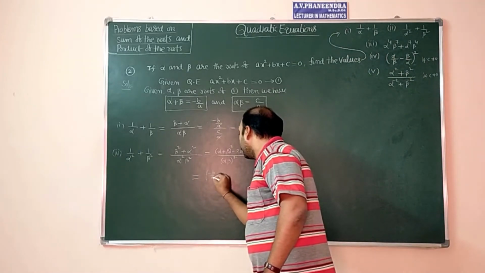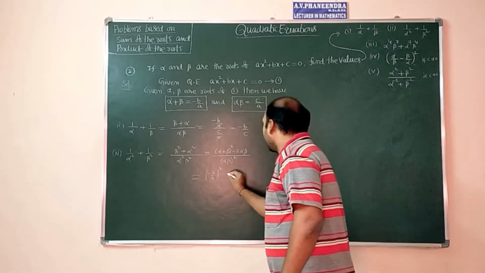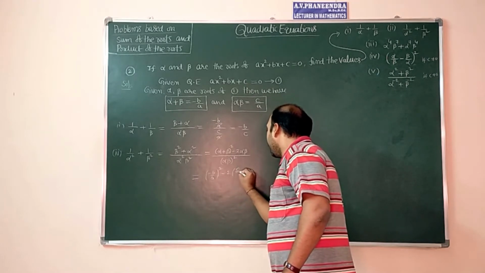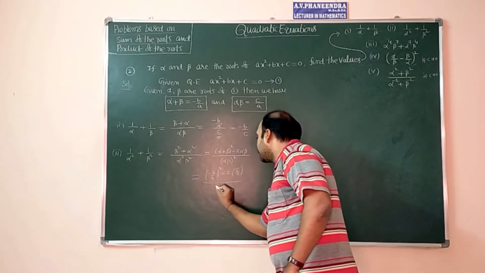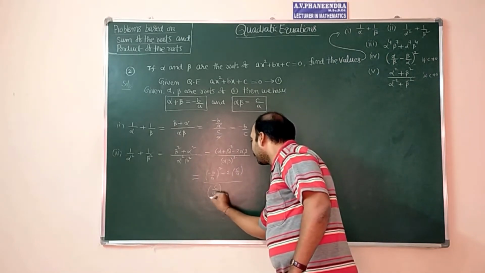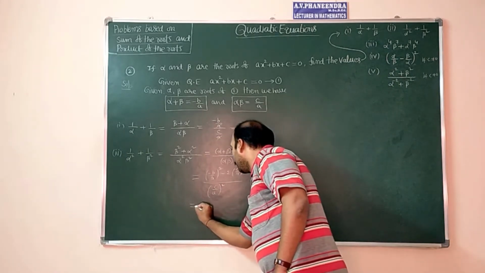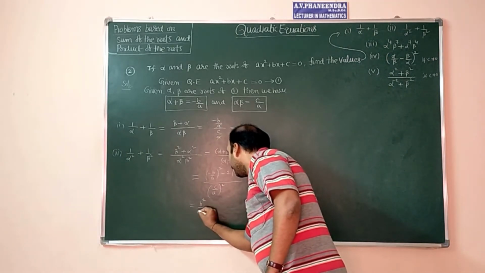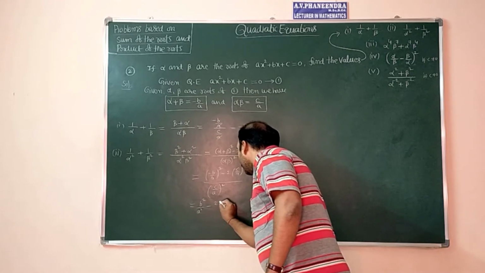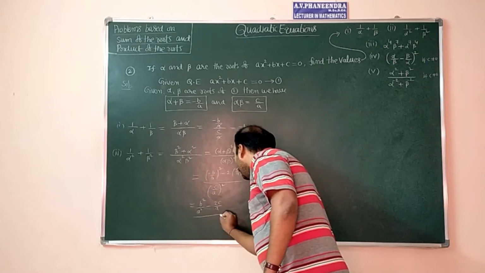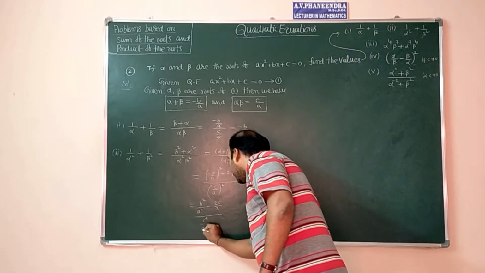Minus b by a whole square minus 2 into c by a, divided by c by a whole square, which is equal to b square by a square minus 2c by a, whole divided by c square by a square.